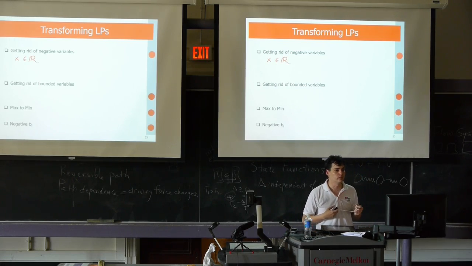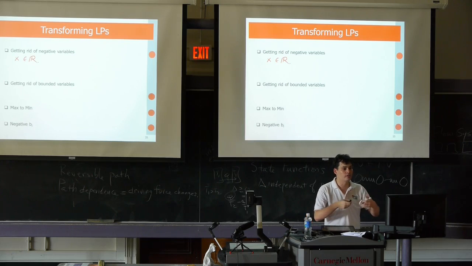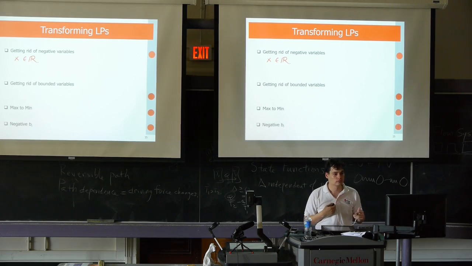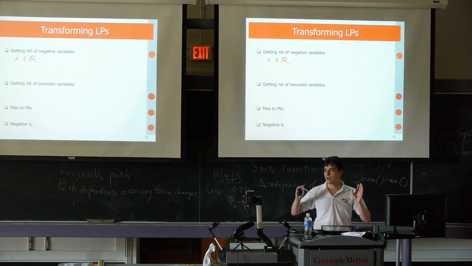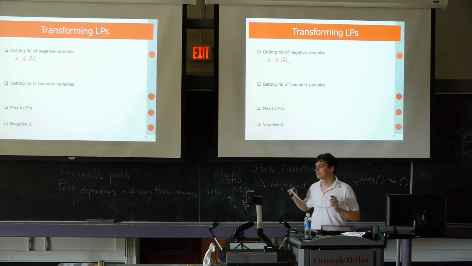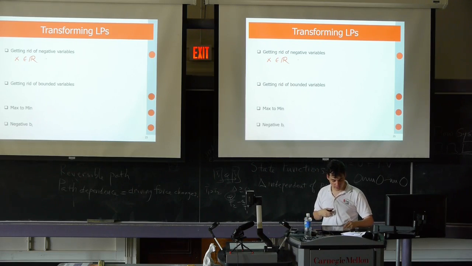What should I do to rewrite the linear program with non-negative variables? I want to keep everything linear, so I don't want to use absolute values and so on.